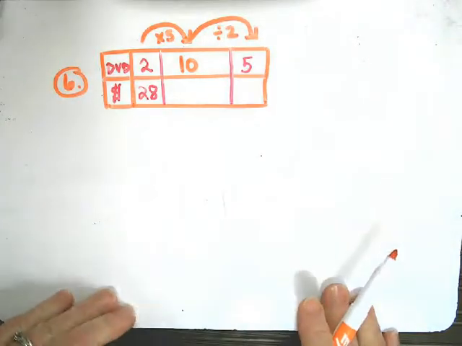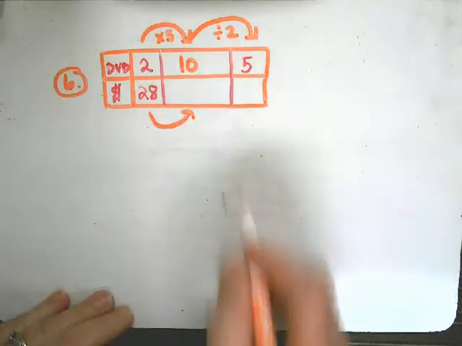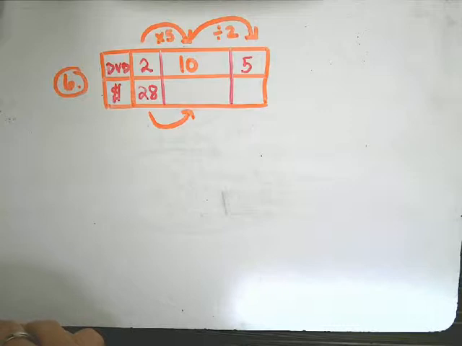Calculator's awake? Might be a good one to use it for. So what am I going to do to 28? Take it times 5. And then when I get my answer, what am I going to do?